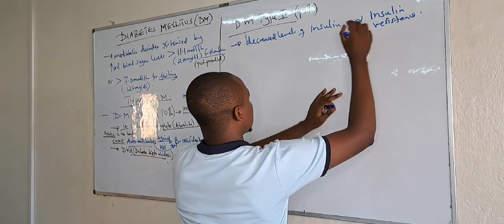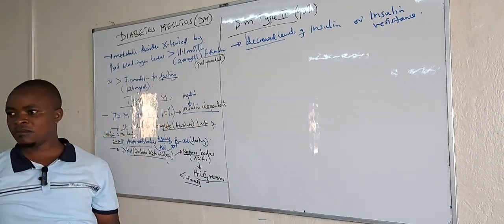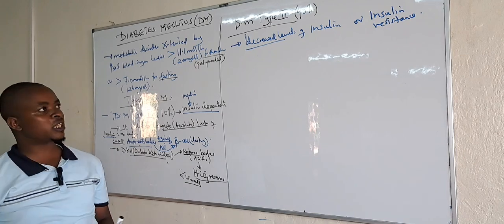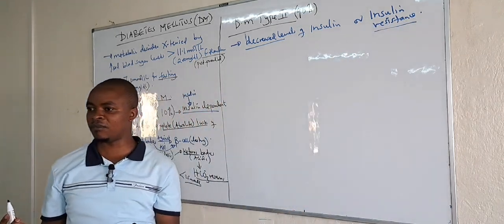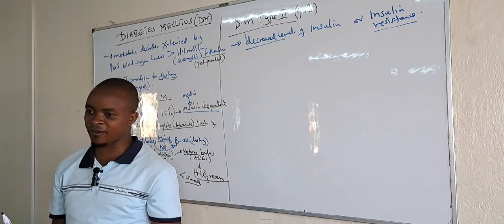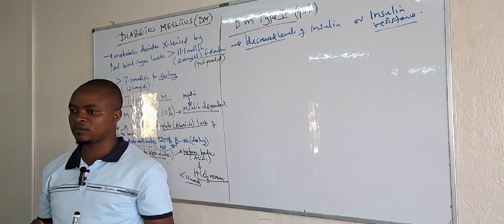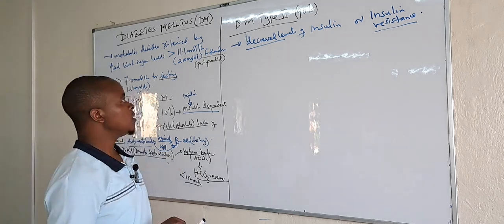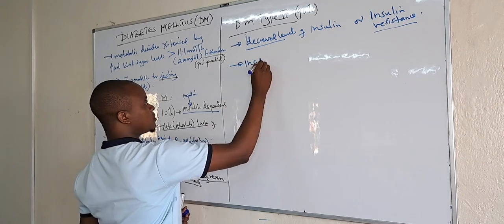So the causes can either be decreased insulin, meaning the levels are low, or resistance, whereby insulin is enough in the body, but the cells are not responding to insulin. And that's why you call it insulin independent.